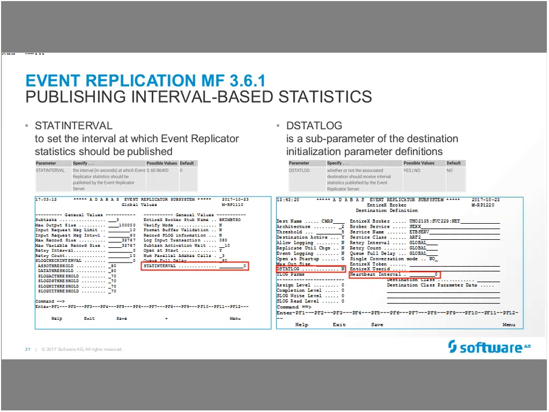Then we already said, okay, we have this stat interval parameter in order to enable monitoring per se. And that's also a global parameter, as you can see. Destination-specific parameters then are the dstat log, because we only want to send data to the destinations which are interested in it, not to all.